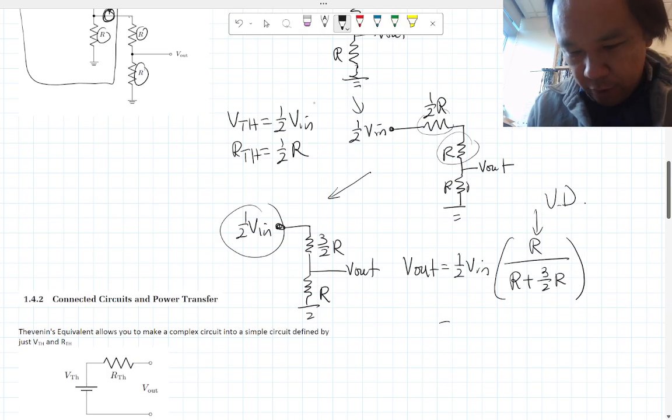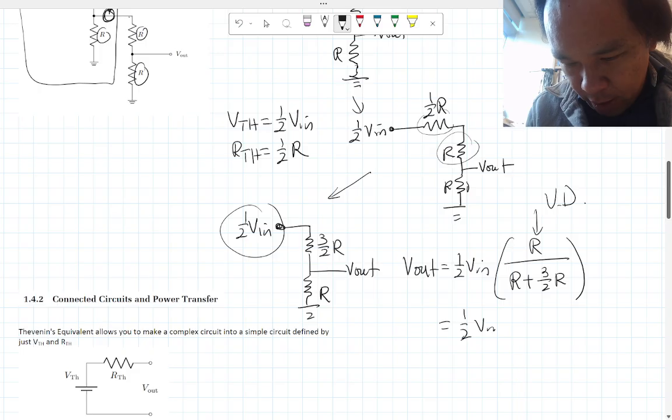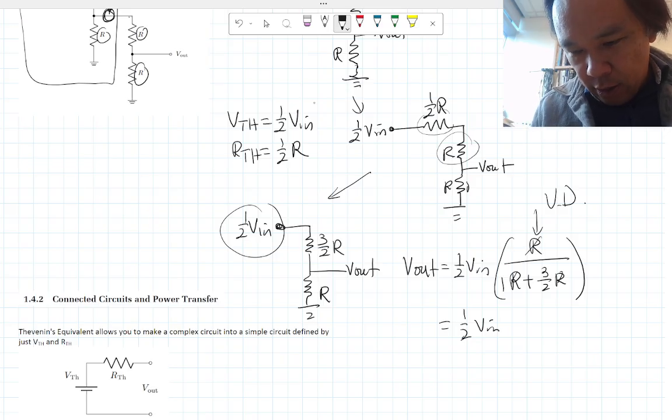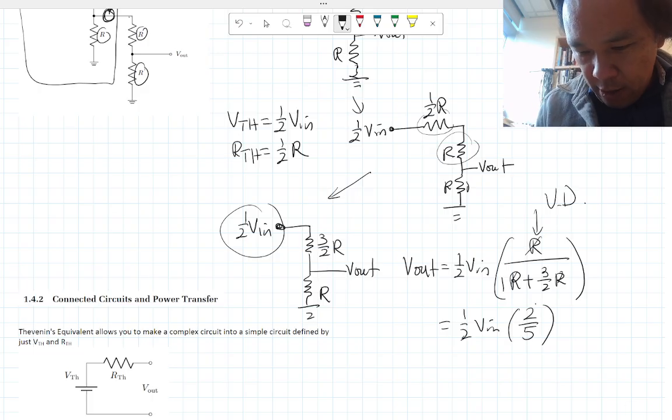If you solve this, you get 1/2 V in, and all the R's cancel out. So 1 plus 3/2 is 5/2, and since it's inverted, it's 2/5. This will cancel out, and then you get exactly what you expect to be the answer. Oops, if I can write it down correctly.